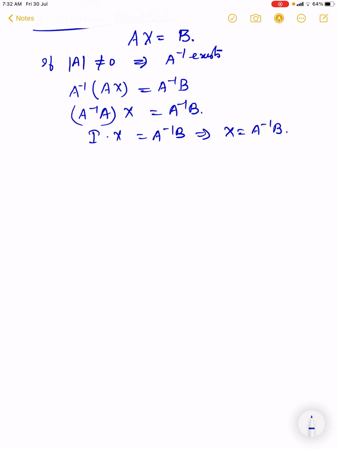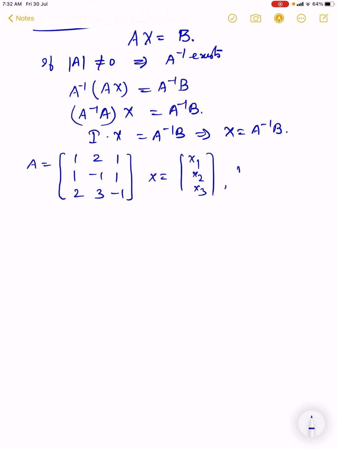Just see here the same example, the above example: A equal to 1, 2, 1, 1, minus 1, 1, 2, 3, minus 1, X equal to x1, x2, x3, and B is equal to 4, 5, 1.